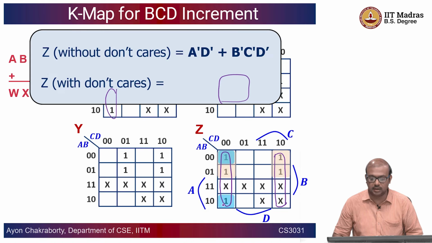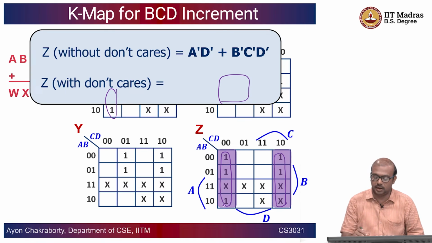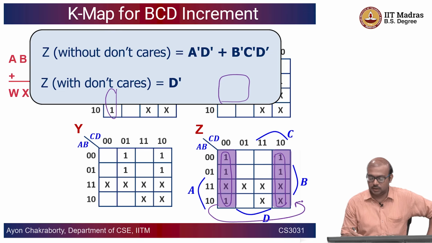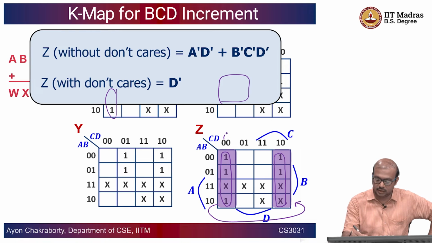If you have Z calculated with the don't care condition, then you can have something like this and then wrap around, right, on both sides. So, this is going to be wrapped around like this here, which is just D bar, okay, because this is your C bar D bar and this is your C D bar.